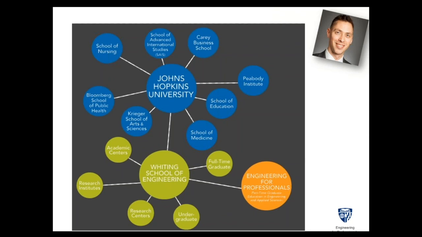Now the Whiting School has a lot of different offerings. We have full-time bachelor's, master's, and PhD programs. We have research centers, academic centers, and so on. But off to the right, you see that orange bubble that has Engineering for Professionals. Now that's the administrative name of our division. But essentially what that means is we are the part-time and online graduate education division of the Whiting School.